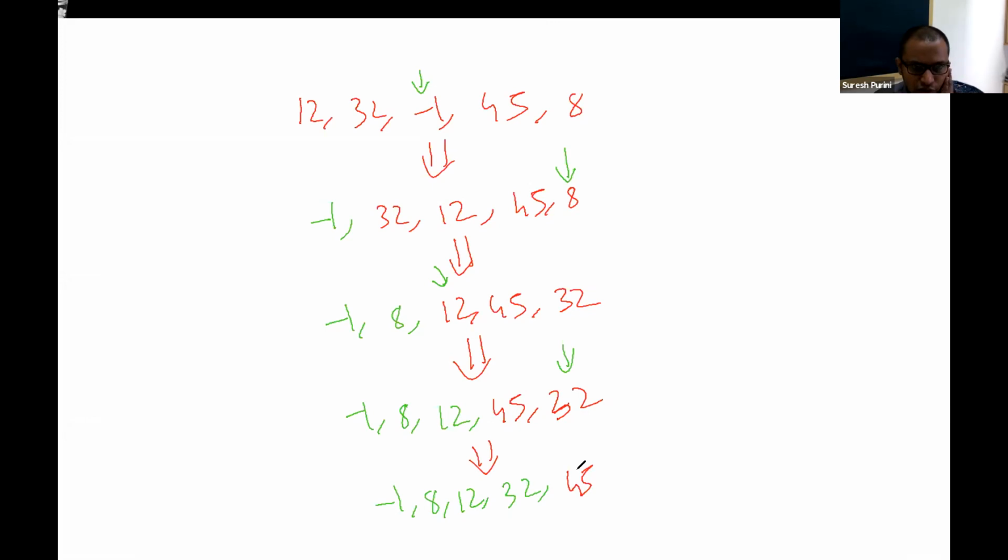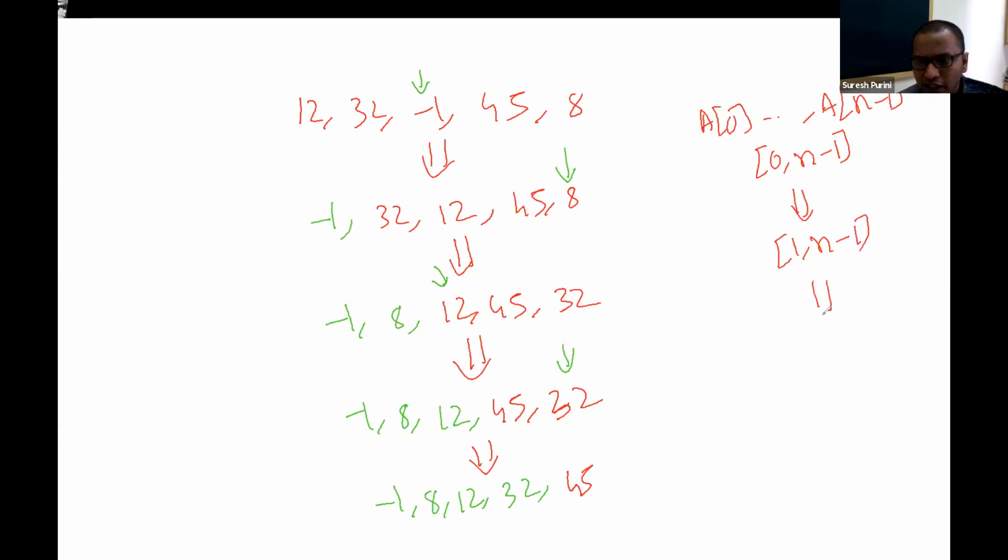Essentially, you start with the whole array, A of 0 to A of n minus 1, and you find the smallest element in this range. After that, you find the smallest element in the next range, and then the next, and so on and so forth.